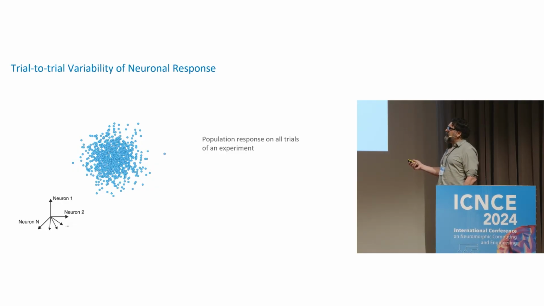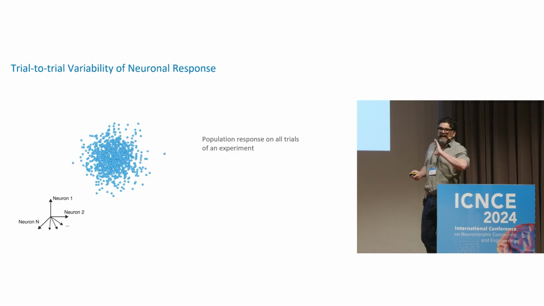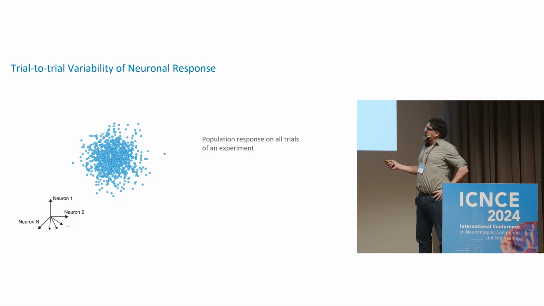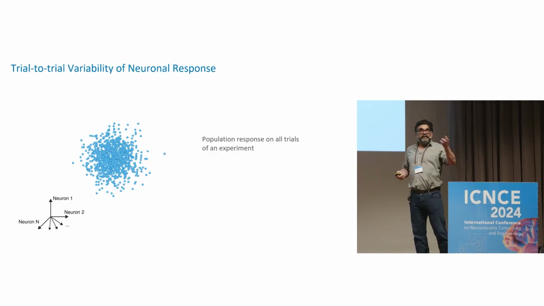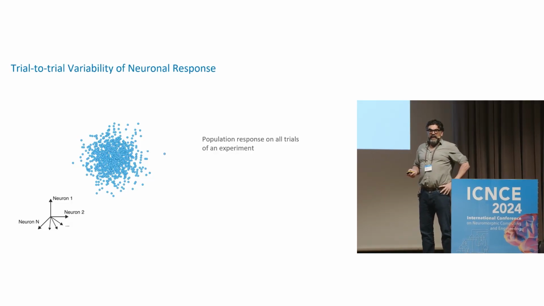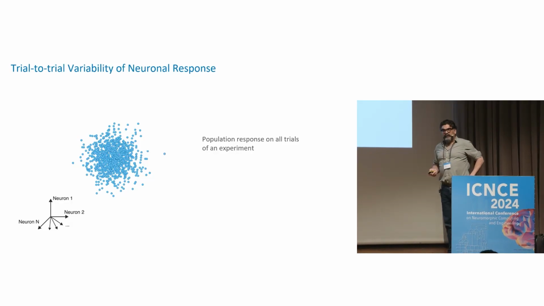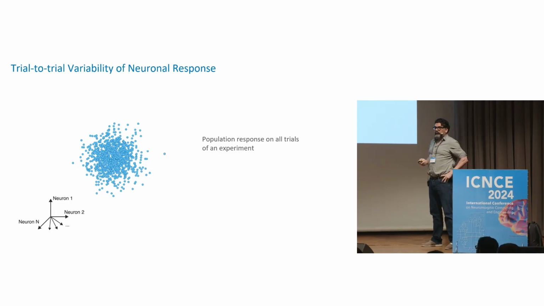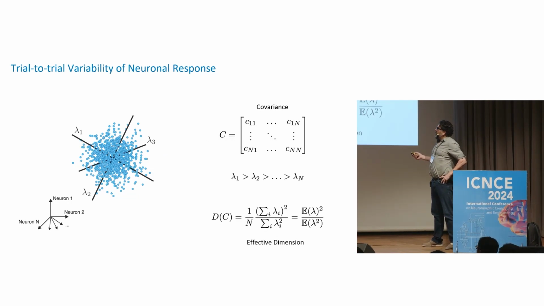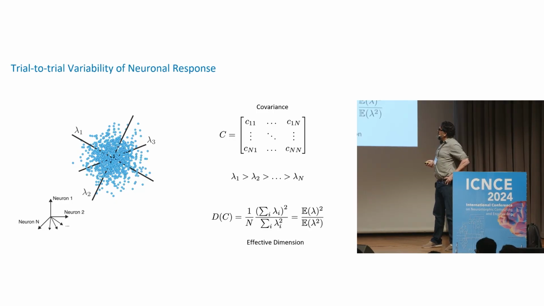So there's this cloud of responses here. The inputs are exactly the same, and yet you've got serious fluctuations from trial to trial. And this is something that I've seen in many, many talks here, this idea that the nervous system is unreliable, and there's a serious amount of stochasticity in the system, and we've thought about this for a long time. If we want to measure this, we could imagine computing a covariance matrix of these responses here.